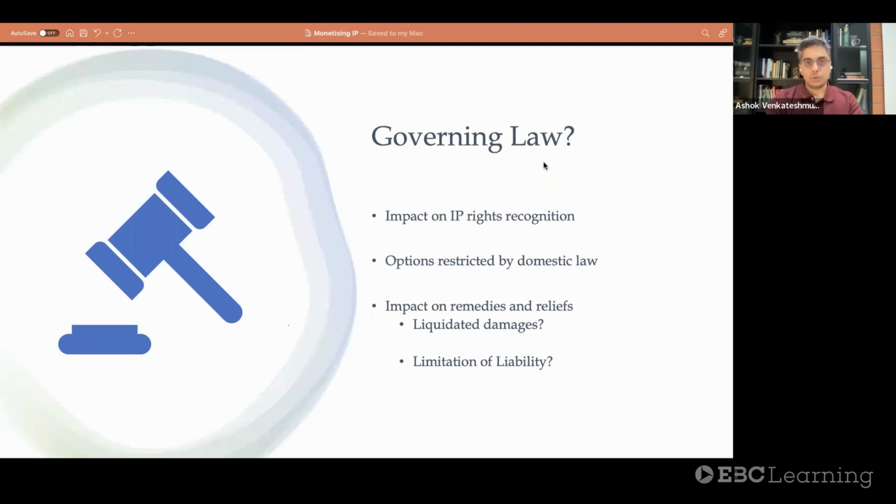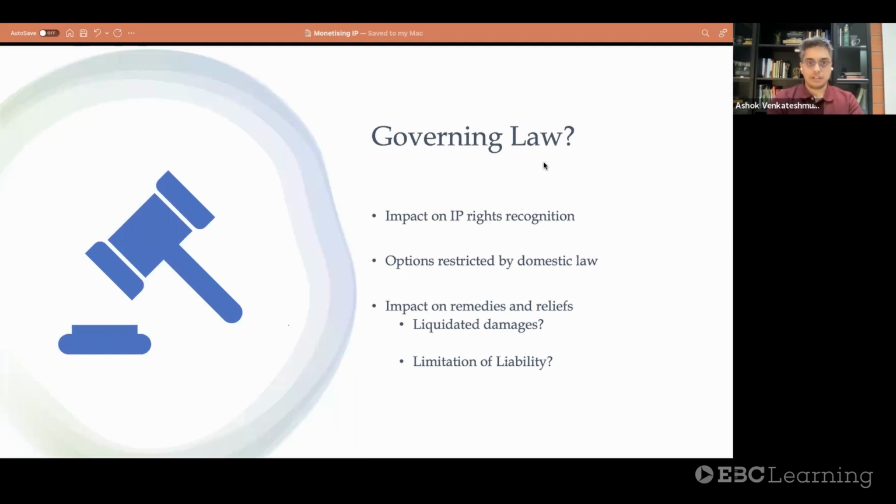Now, the way to overcome that in our minds was very simple. We will just say that the governing law for the joint venture agreement will be Indian law. And therefore, we will have enforceable rights and obligations, and there ends the matter. But the Chinese law dealing with joint ventures stipulates that a joint venture being set up in China, the agreement can only be governed by Chinese law. Right?